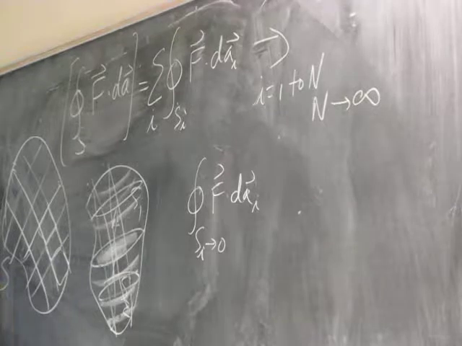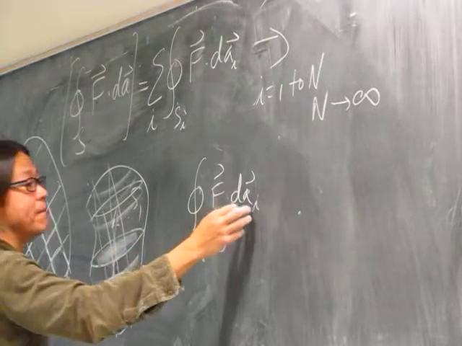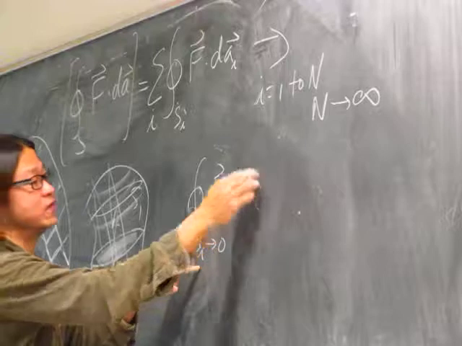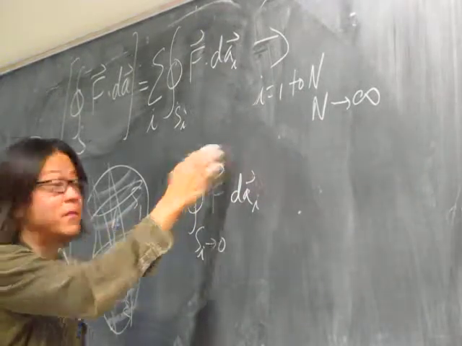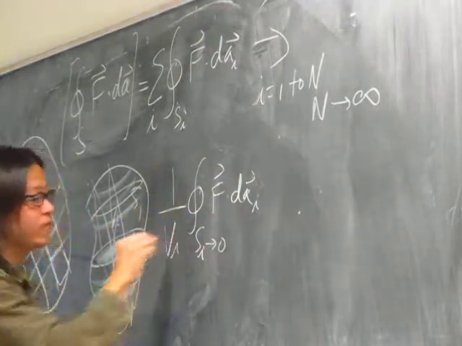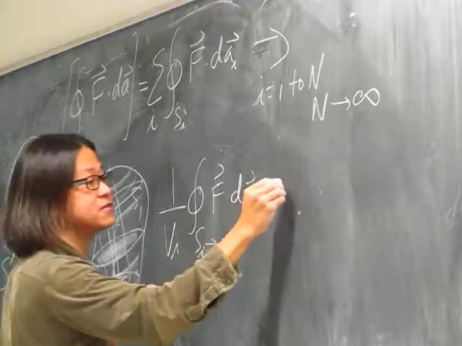Of course, if this goes to 0, this integral goes to 0 too. But if I divide by the volume, my claim is this is finite.